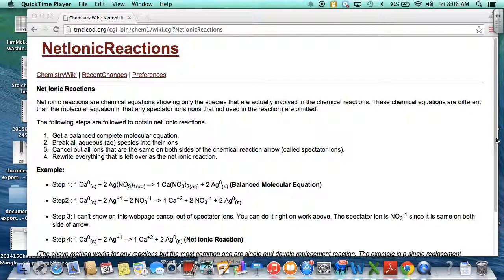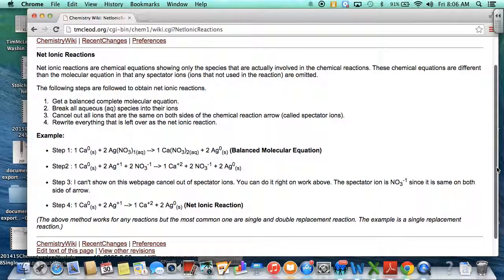Now, for this chemical reaction, just to give you a little more chemistry, what this really says is that the elemental calcium is releasing 2 electrons to form the calcium ion, while the silver ions are taking in 1 electron to form the silver solid. That's why you need 2 of them.